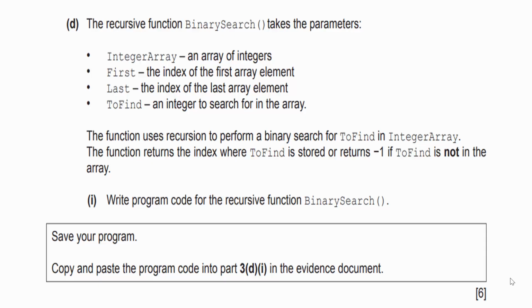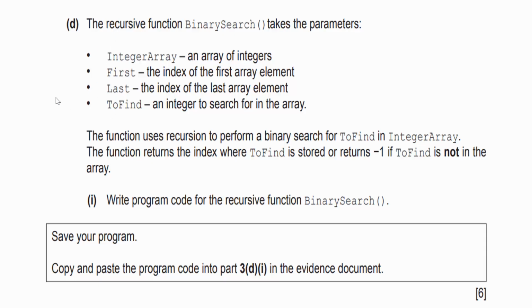So we have it takes the parameters: the integer array, an array of integers; first, which is the index of the first array element, so I'm actually going to use lower bound, my LB, for that; last is the index of the last array element, that's the upper bound; and then the search item, which they're calling to find, an integer to search for in the array. I have to use these parameters, but if I know what I use when I write them, it makes using these a lot easier.